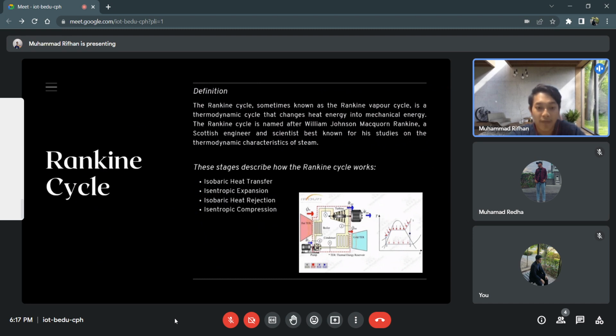So there are four stages that describe how the Rankine cycle works, which are isobaric heat transfer, isentropic expansion, isobaric heat rejection, and lastly, isentropic compression. So the GIF below shows you the TS graph and the Rankine cycle itself.